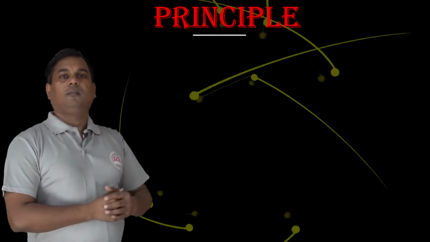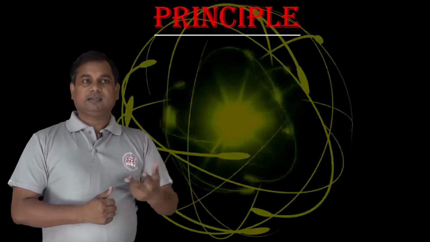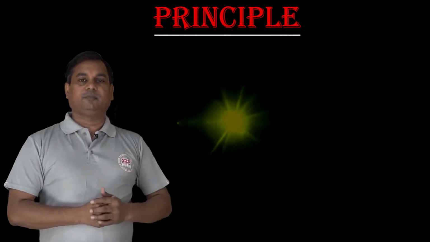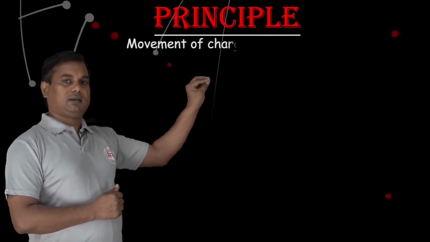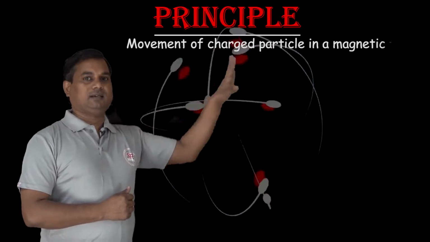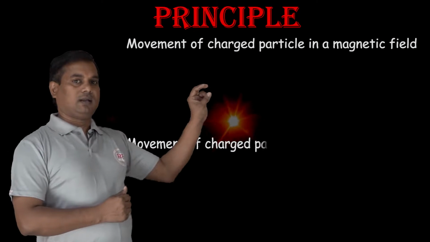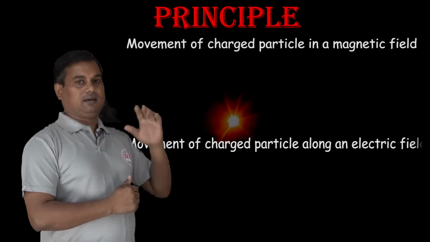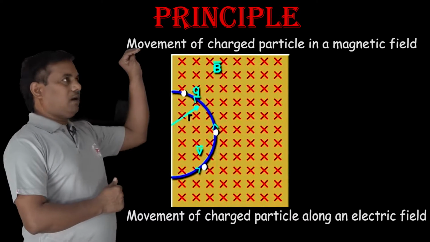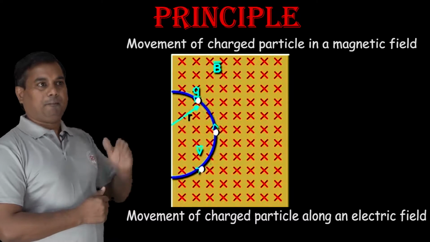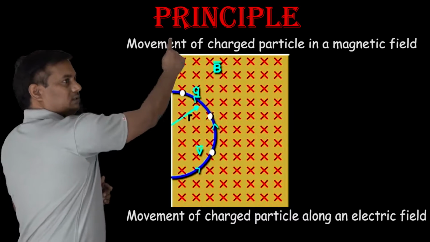Now we are going on to the principle. This device is based on two principles. The first one, the movement of a charged particle in a magnetic field, and the second one, the movement of a charged particle in an electric field. If a charged particle moves in a magnetic field perpendicular to it, then the charged particle will go on a circular path.